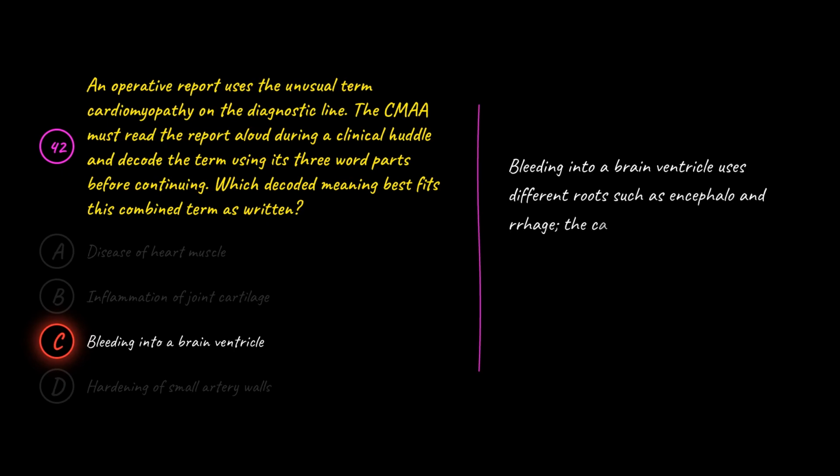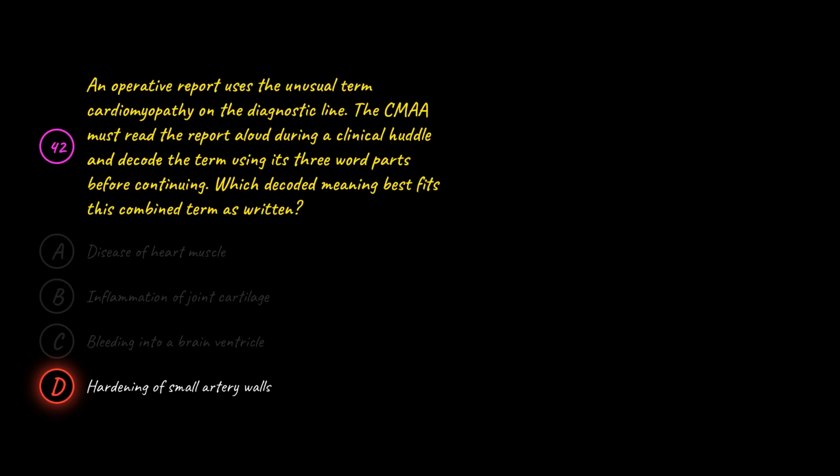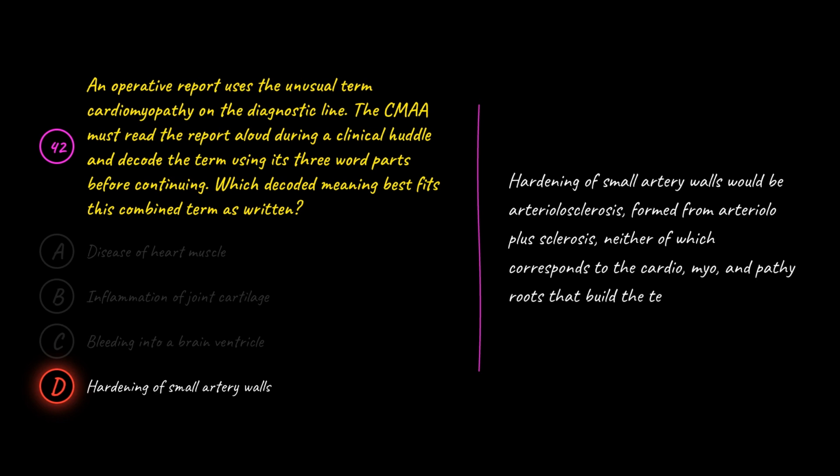The cardio, myo, and pathy components in the report term refer to heart muscle disease instead of intracranial bleeding. D is wrong because hardening of small artery walls would be arteriolosclerosis, formed from arteriolo plus sclerosis, neither of which corresponds to the cardio, myo, and pathy roots that build the term written in the report.